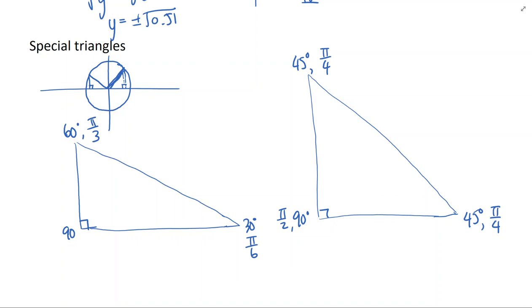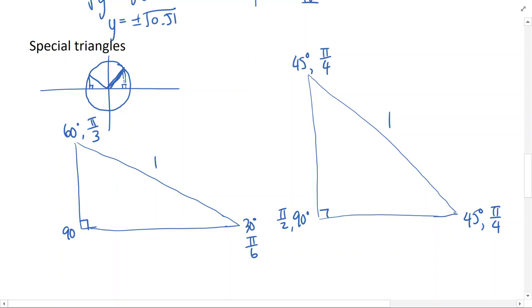Now, since these 2 triangles are part of the unit circle, like how we've drawn here, we know the hypotenuse is the same as the radius, so it's 1. So that means this is 1 and that is 1.